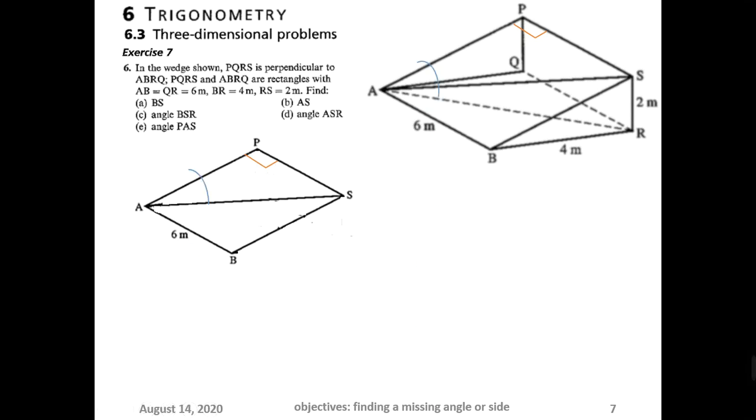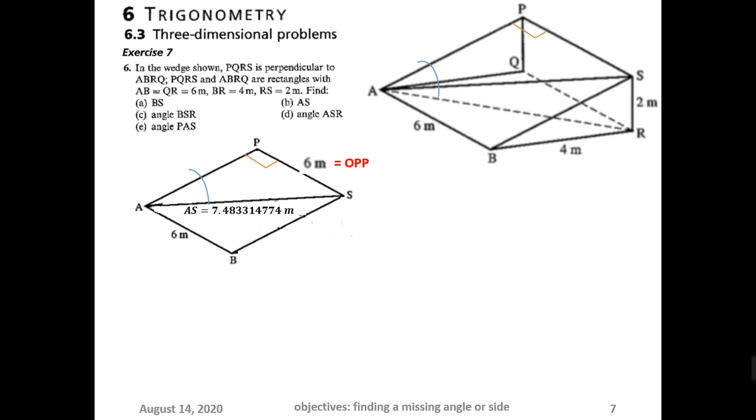And then identify the unknown angle. This is the 6, and AS, we found it at the very beginning of this video, and it is right across the right angle, which makes it my hypotenuse.